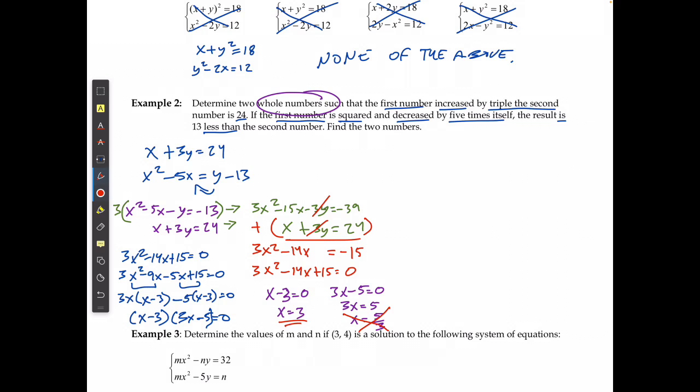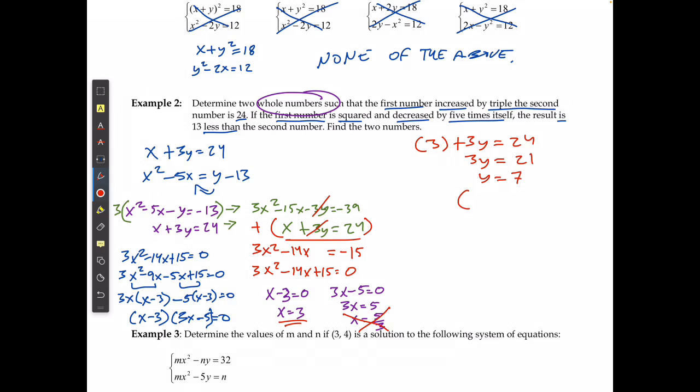So then I can put that back in and say, if the 3 is the only one that works here, then 3 plus 3y would equal 24. 3y would equal, when I subtract 3 from both sides, 21, and when I divide by 3, y is equal to 7.